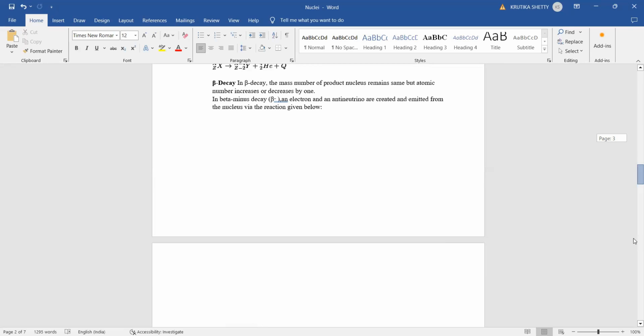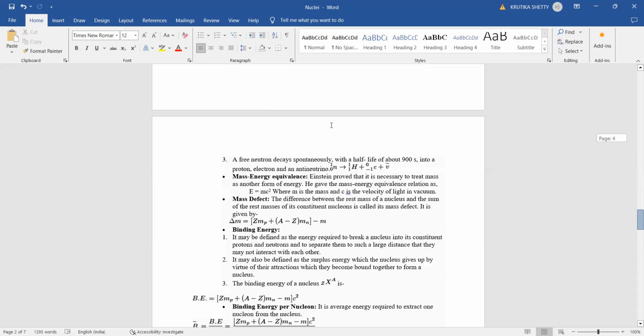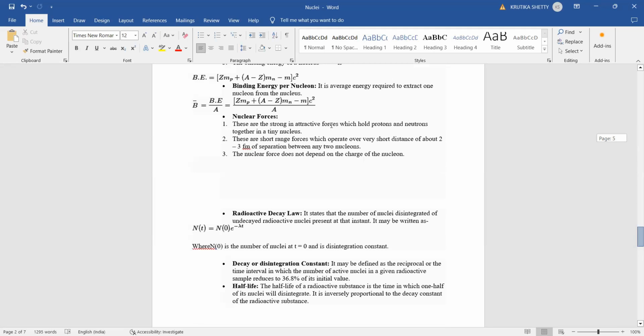See this point, the nuclear forces. What do you mean by nuclear force? Nuclear force is nothing but the strong attractive forces which hold protons and neutrons together in a tiny nucleus. I think in first year you learned the 4 fundamental forces.